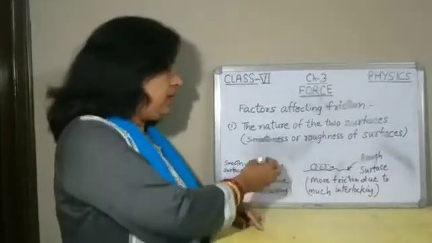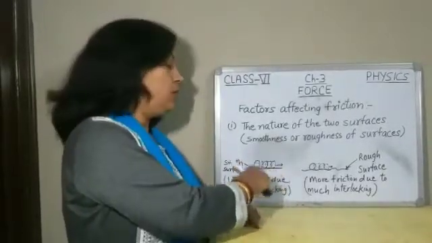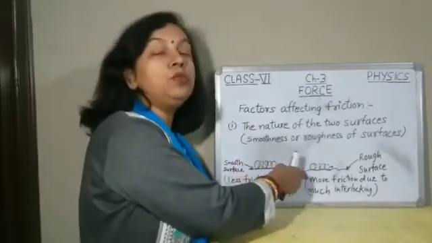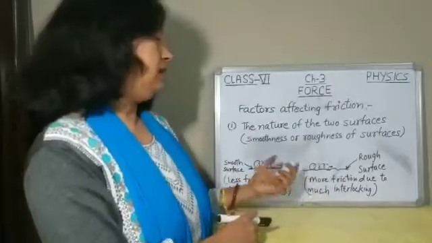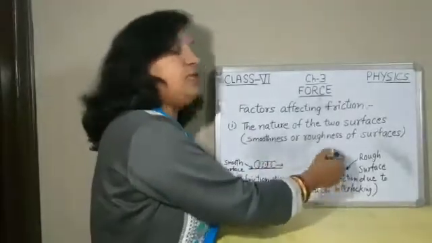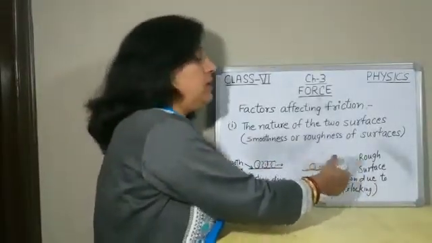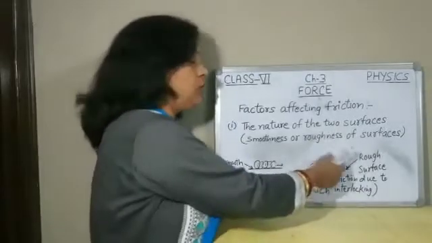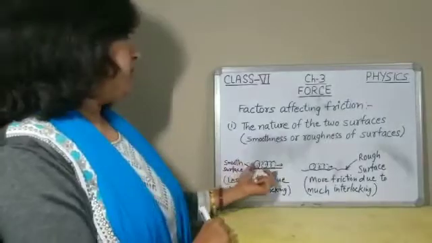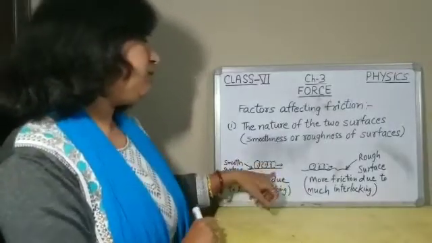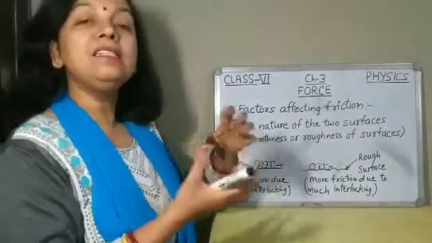For example, if a ball is rolling on a smooth surface, it will cover more distance than the ball which is rolling down on a rough surface, because in a smooth surface there is less friction due to less interlocking.